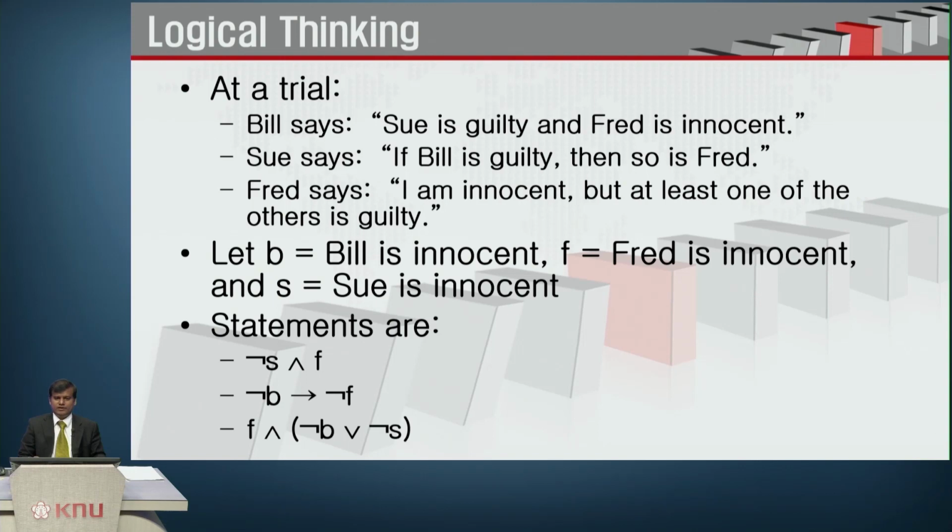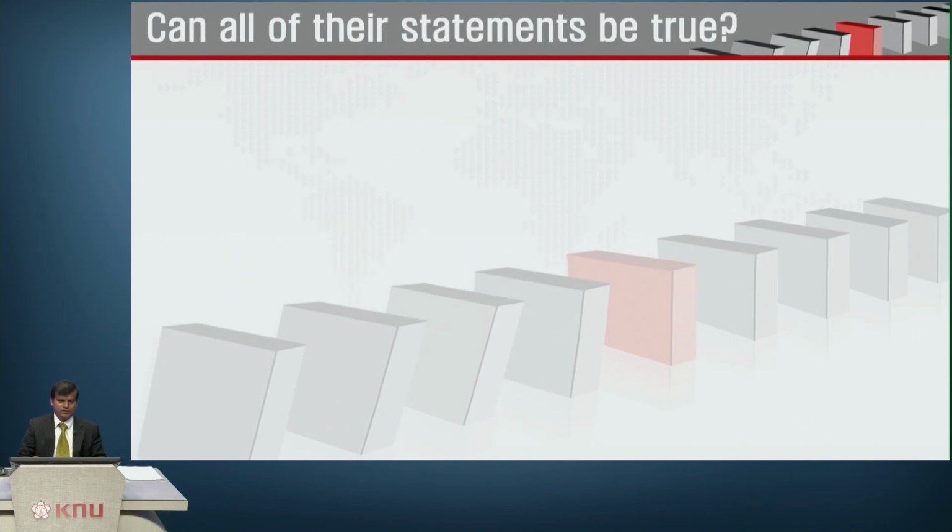Fred says I am innocent, but at least one of the others is guilty. So F, that is Fred is innocent, and negation of B or negation of S. So this is given to us. Based on this, can all the statements be true?